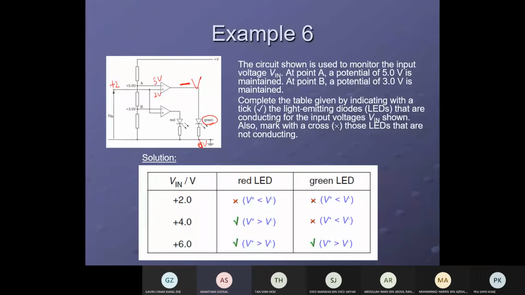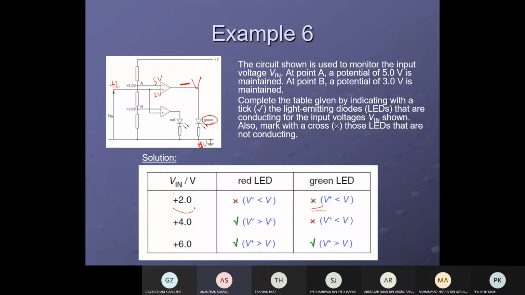So current will flow from 0 volt to negative. But can current flow through the green diode? Cannot, because the diode is reverse bias at that moment, since down is high voltage. So current cannot flow. Green won't light up.